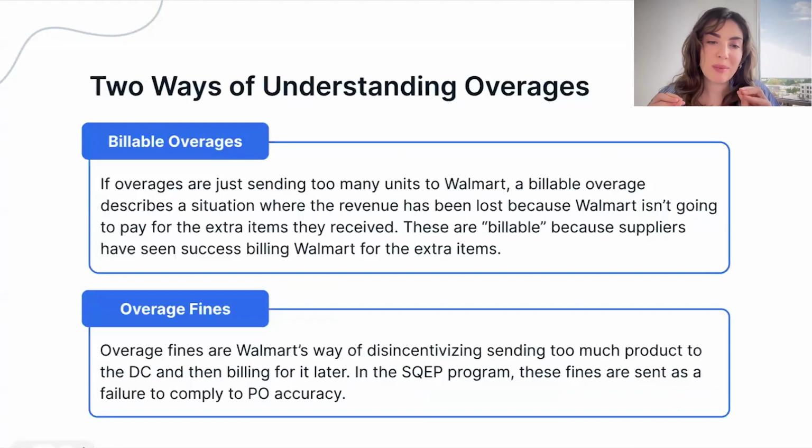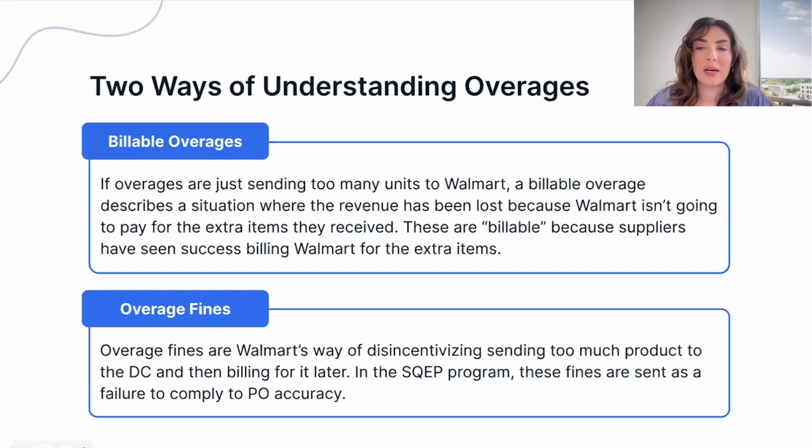All right, now let's talk about overage fines as well. Overage fines are Walmart's way of de-incentivizing sending too much product to a DC. So let's just pause there, think about billable overages. Let's say you've sent billable overages, that happens, you have extra product. Let's say you're a supplier doing that in excess. This is a way that Walmart would then send you a fine saying, hey, we understand things happen.